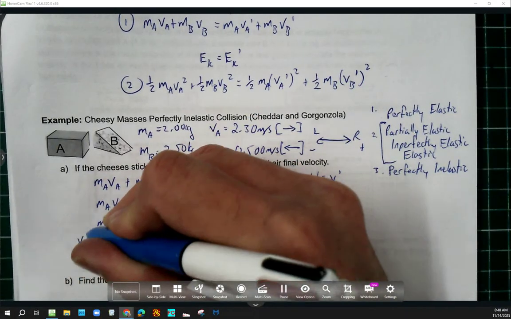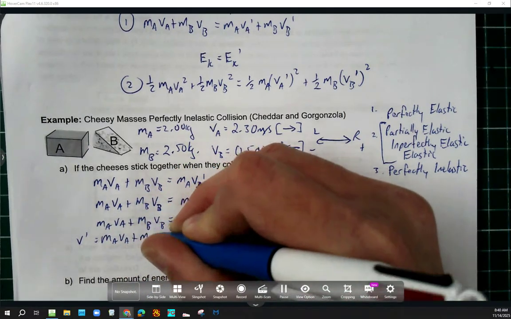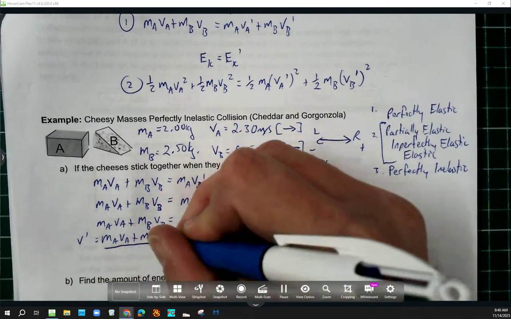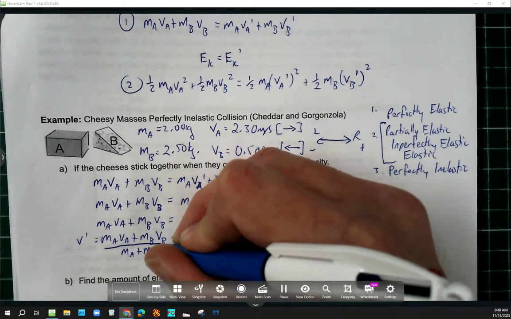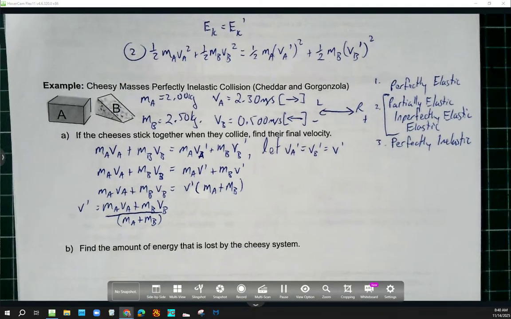So I get V primed is equal to... and there's always this deep desire to try and cancel things, but we can't. There's no canceling that can be done there, right?